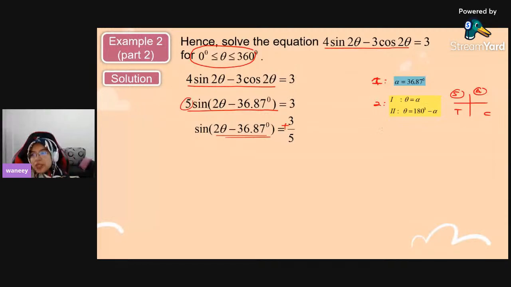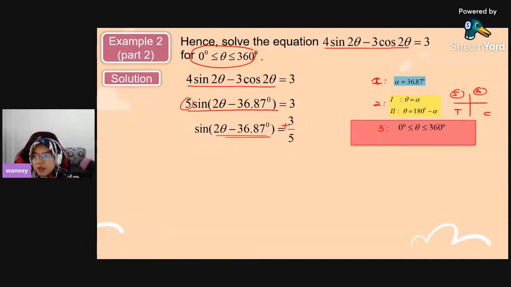The third step, we have to check the range, because I need to make sure I'm using everything inside the range. What do we know about theta? Theta is between 0 and 360. Now I have 2 theta minus 36.87.